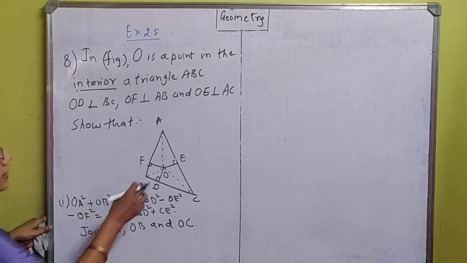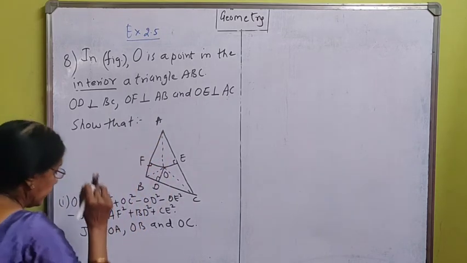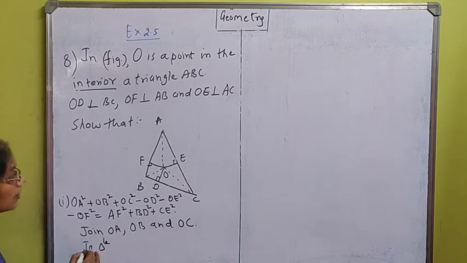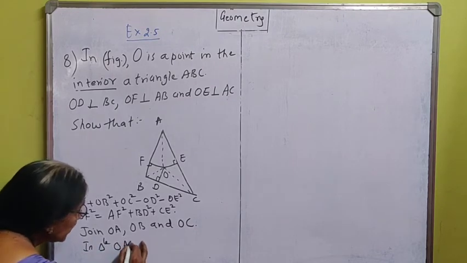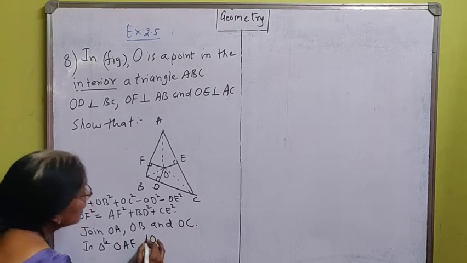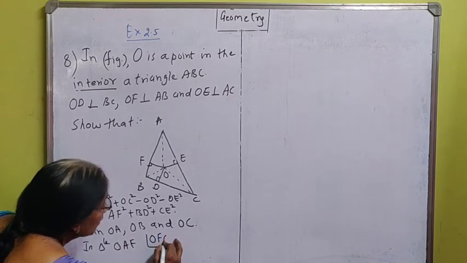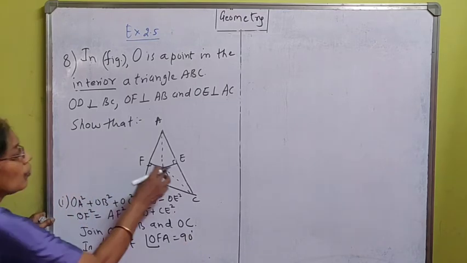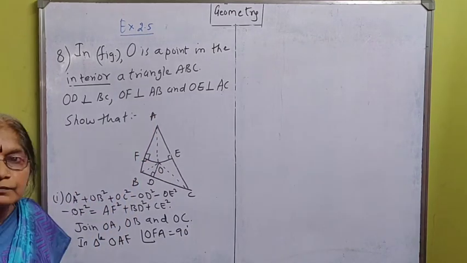So first triangle we will take OAF. In triangle OAF, angle OFA is equal to 90 degrees.